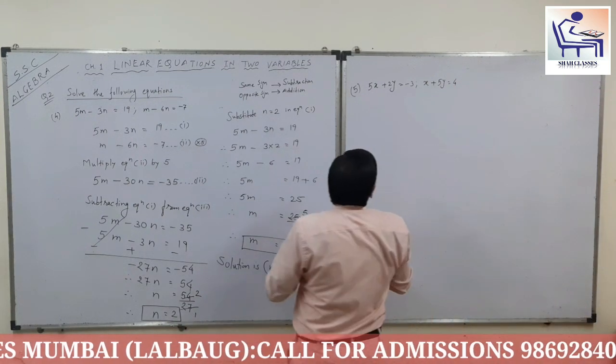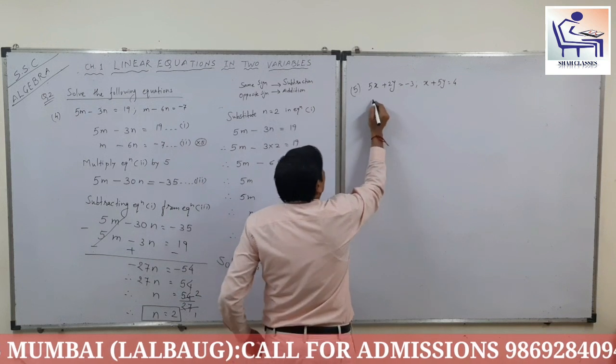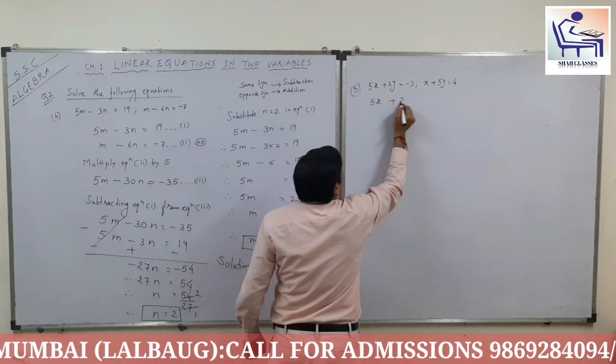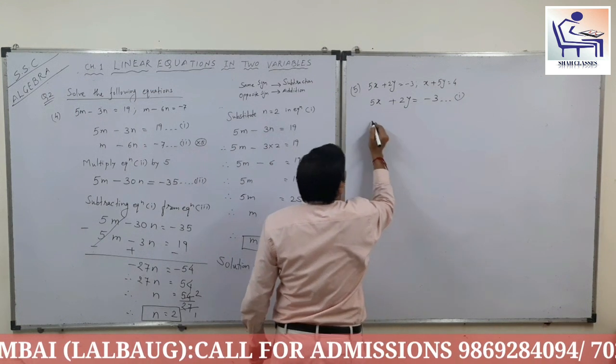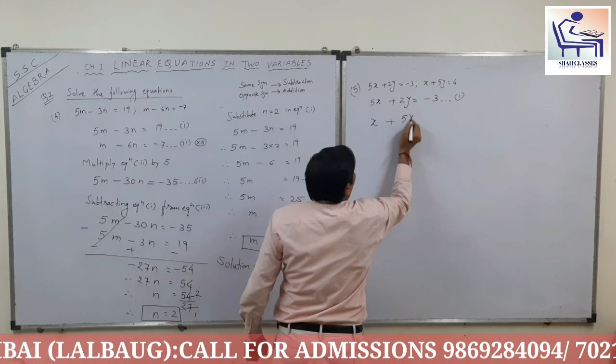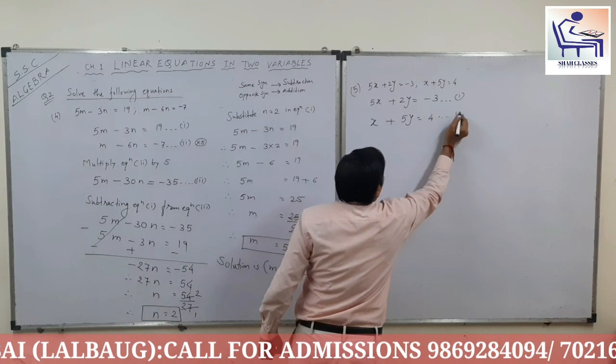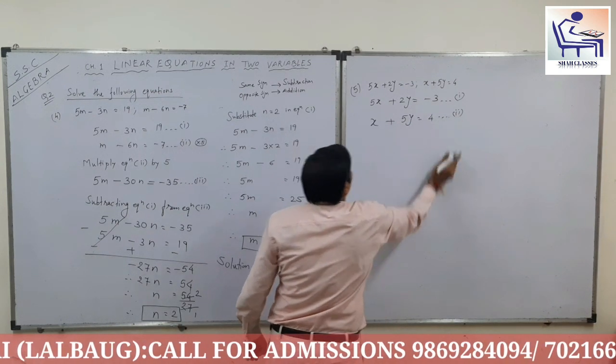Once again, the same thing, we will give the equation numbers. 5x plus 2y is equal to -3 is your equation number 1, and x plus 5y is equal to 4 is your equation number 2.